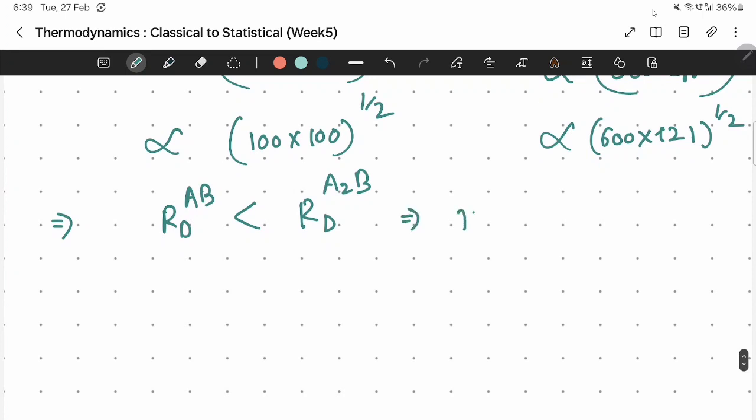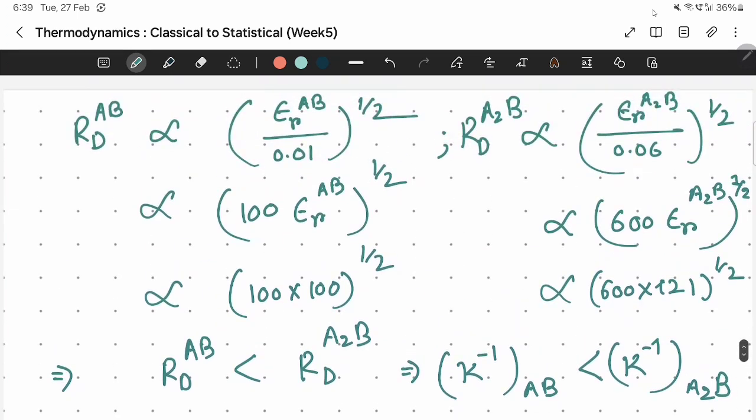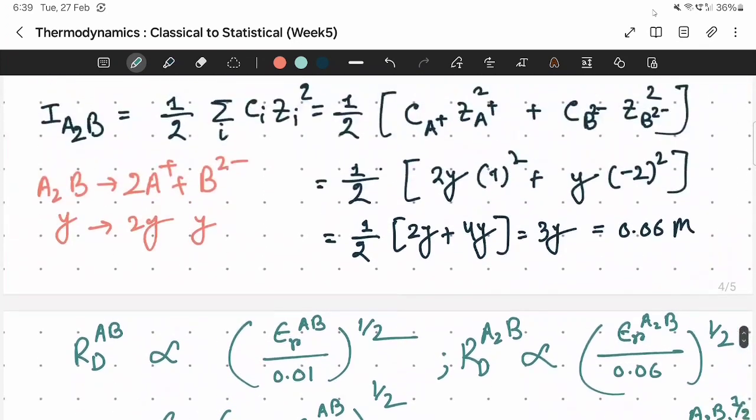So that means kappa inverse for AB is smaller than kappa inverse for A2B. Check if there's a mistake.